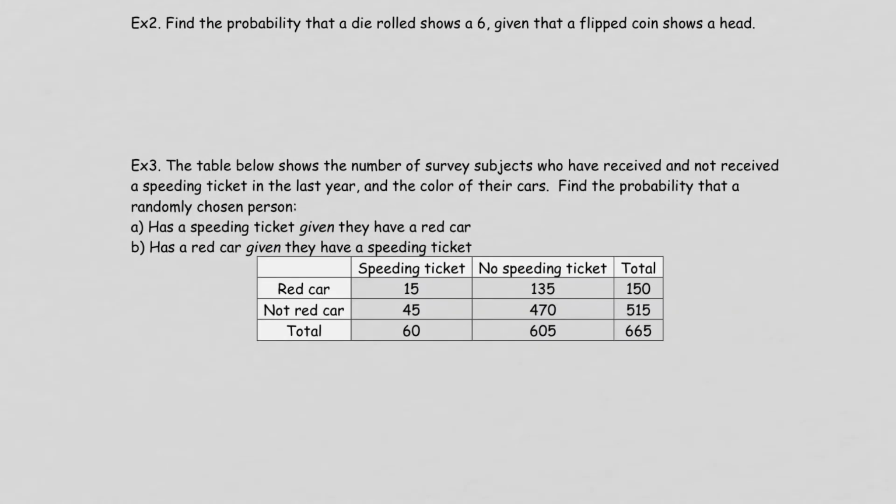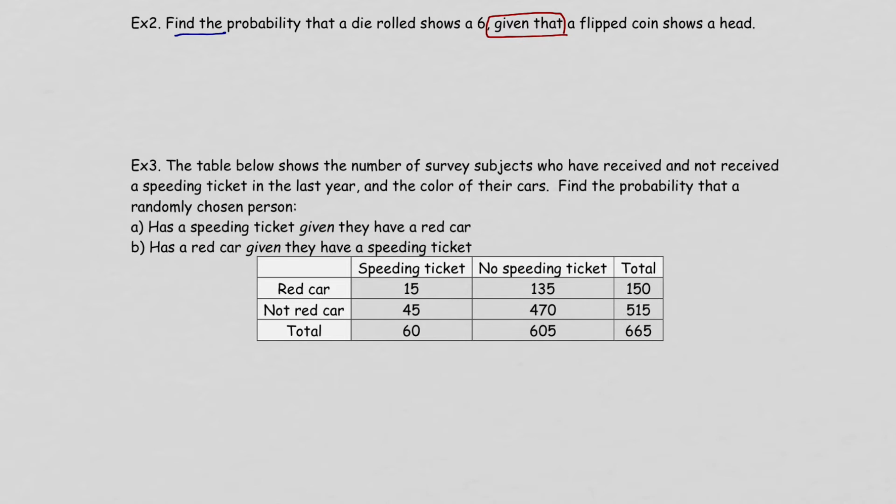Let's look at example 2. Find the probability that a dice roll shows a 6, given that a coin flip shows a head. So here are two concepts that I already see going against each other in this problem. The first one is "given that." Whenever you have "given that," this is going to be conditional probability.